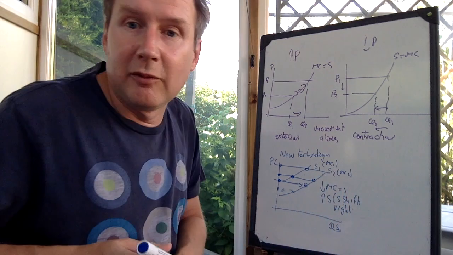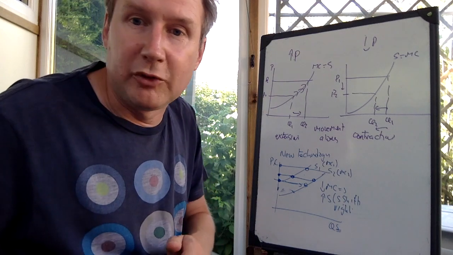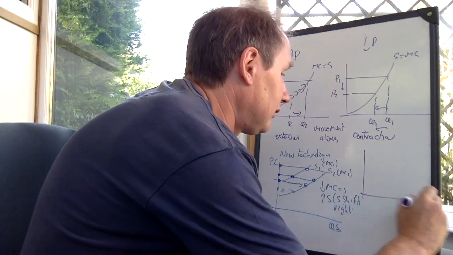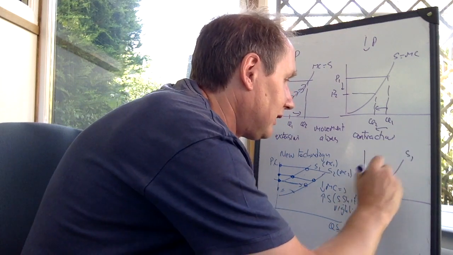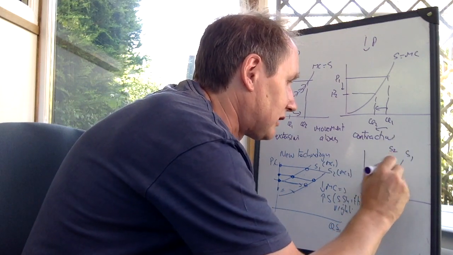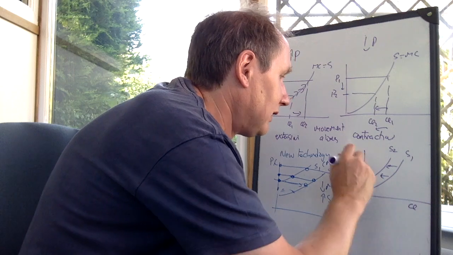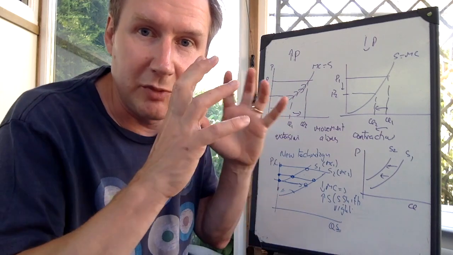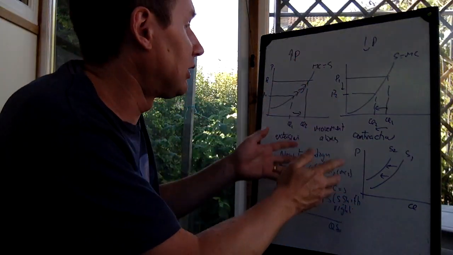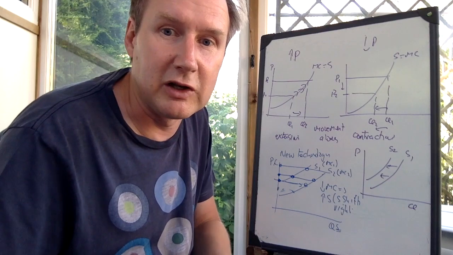And finally, we could get an unfavourable shift in supply. A classic example would be bad weather. Supply shifts from S1 to S2. Whatever the price is, you can supply less than you used to be able to. And that's the difference between shifts in supply, which are caused by non-price factors, and movements along, which are caused by changes in the prices themselves.